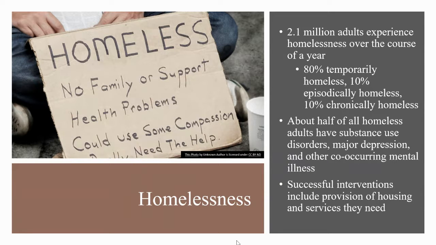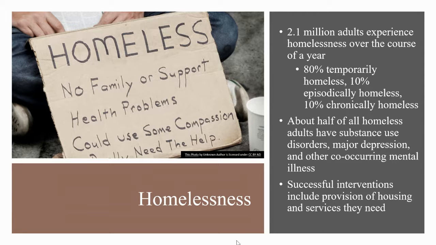What they found is that half of all homeless adults have some sort of substance use disorder, major depression, or other co-occurring mental illness. And so we have to identify and think about how do we provide interventions and treatments to people who are homeless, and think about their needs are very different from someone who has a home, right?